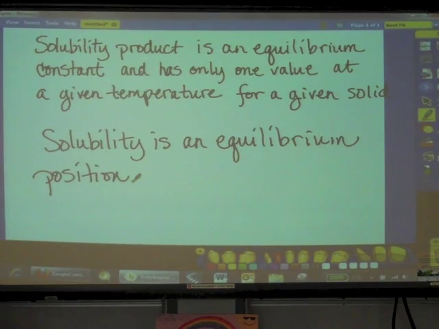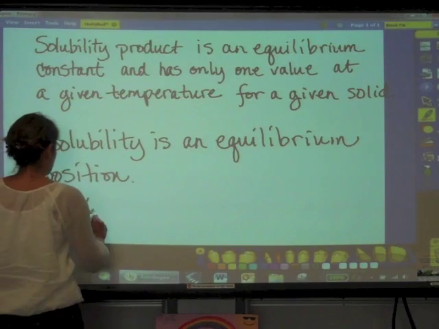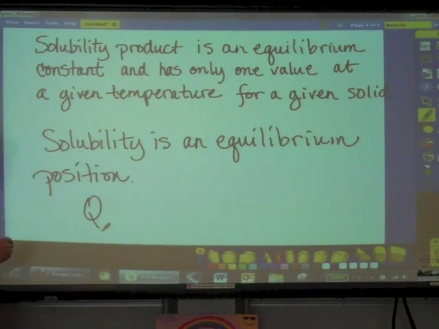All right, now one thing to keep in mind that could be useful at some point is that Q, the reaction quotient. So that is plugging into the equilibrium expression, but plugging in with initial concentrations.